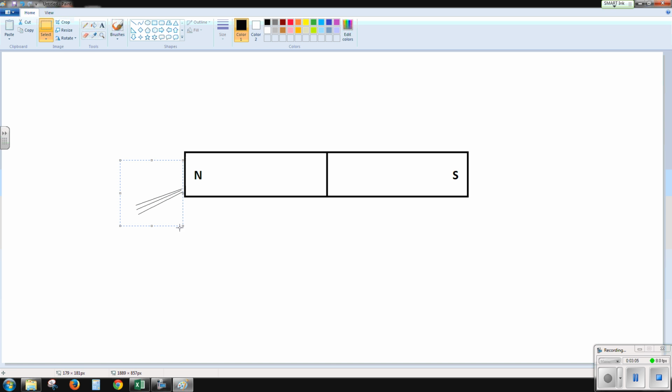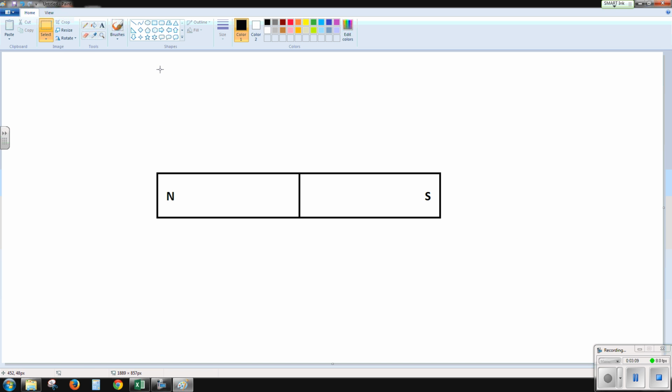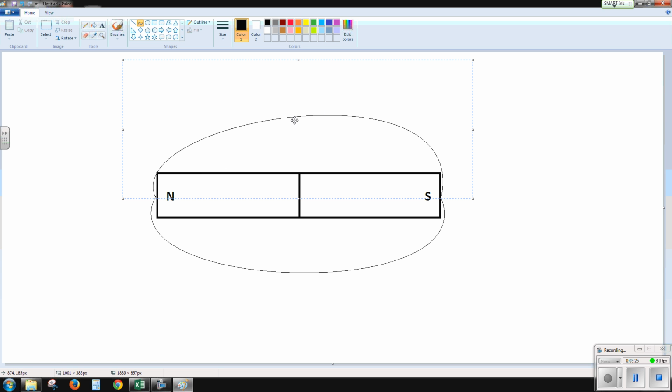If you just have this dipole, this full bar magnet here, alone by itself, then what you end up with are some really symmetric field lines. So I'll draw this a little bit more freehand just to give you an idea.